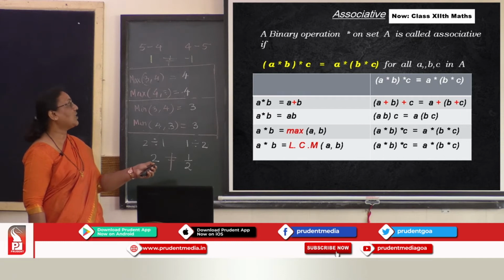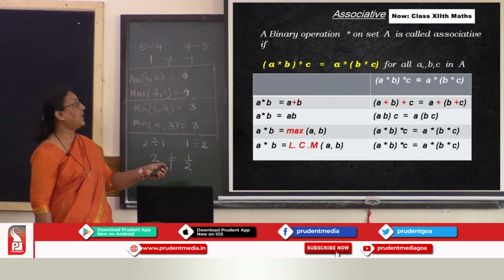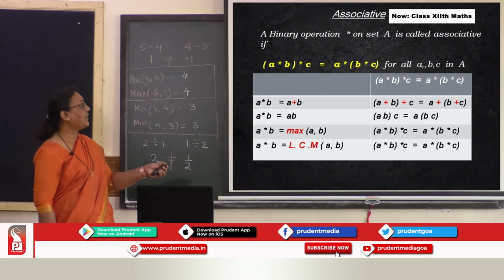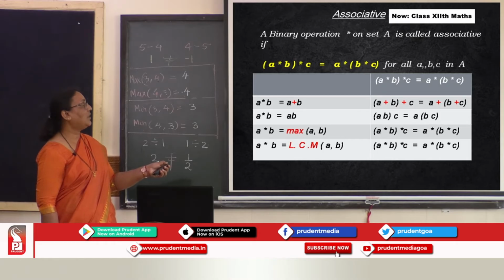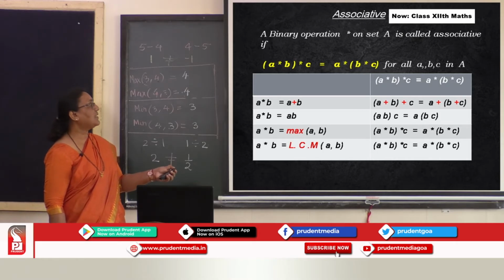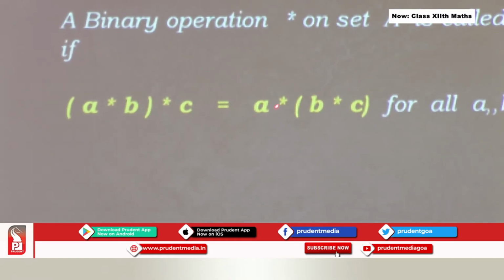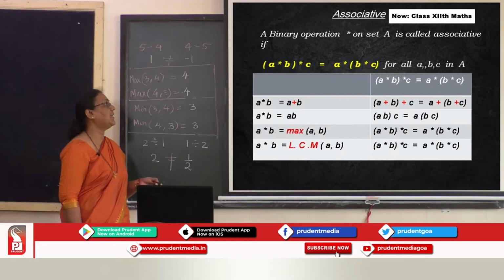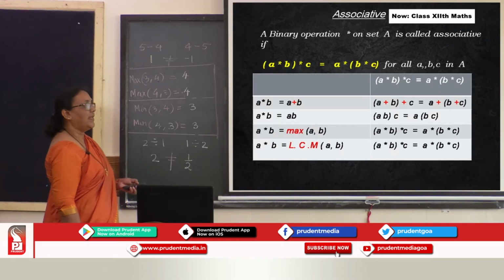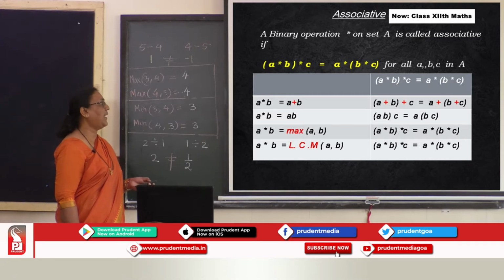First you take the operation of two elements of set A. Then whatever answer you get, you operate with the third element. Or you take B and C first, and whatever answer you get, you operate with A. If both sides the answers are the same, then it is called associative. I have given many examples here.